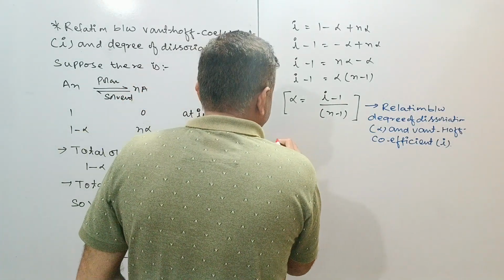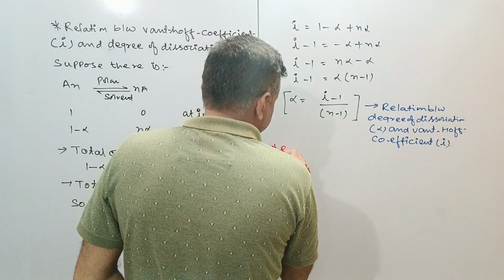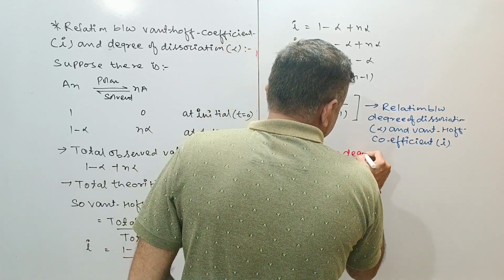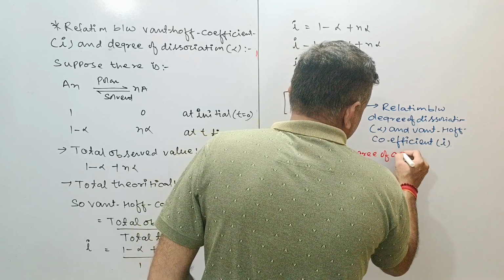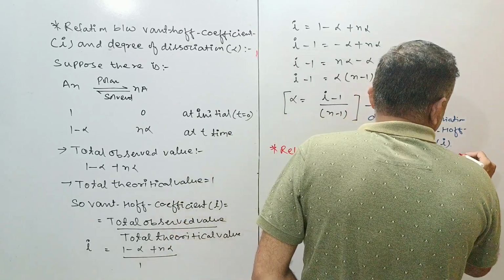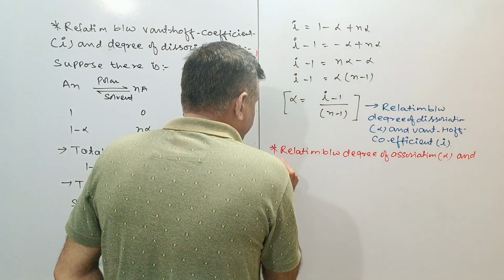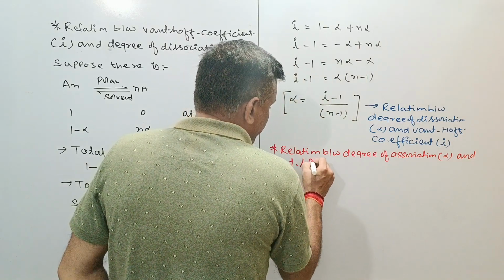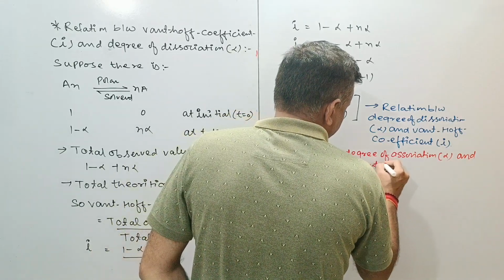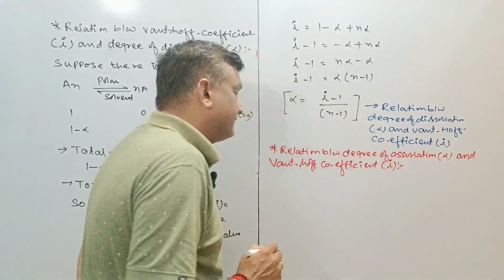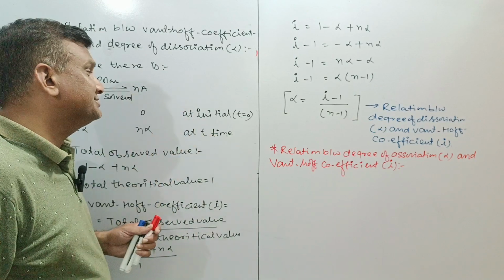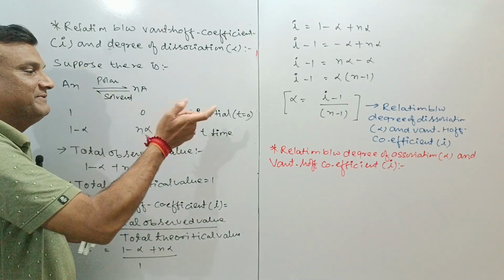So this is the next topic, relation between degree of association denoted by alpha and Vant-Hoff coefficient i. If we go with this kind of concept, then it will be the inverse of the degree of dissociation. Here is the dissociation and here will be association.